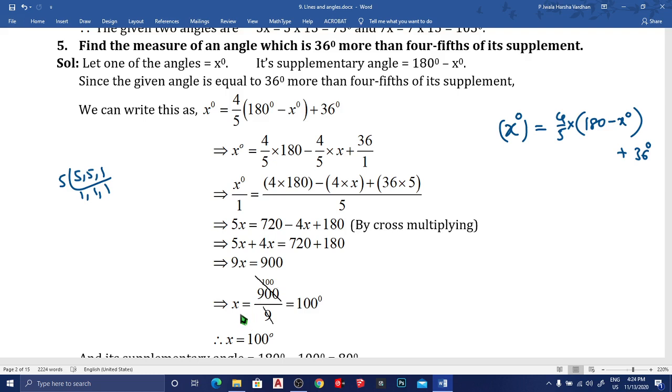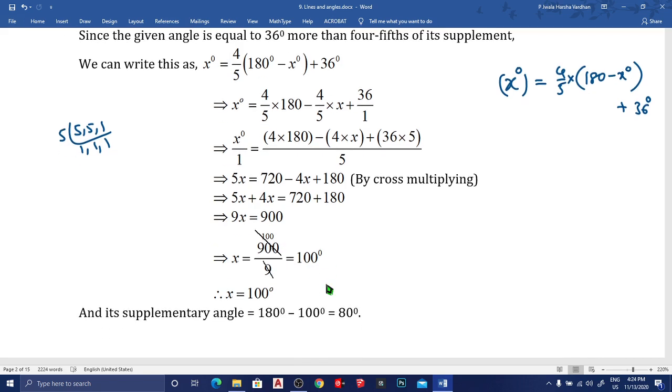Now by sending the 9 to the other side, 900 divided by 9 is 100 degrees. So x is equal to 100 degrees. What will be the supplementary angle to this 100 degrees? 180 minus x, which is 180 minus 100, which is 80 degrees. By adding 100 and 80, you will get 180. So this is the problem.